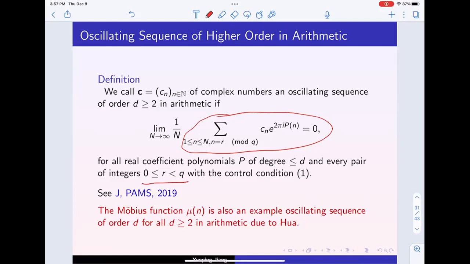In order 1, I know the first one can imply the second one, but in high order I didn't seriously think about whether one implies the other, and I'm not sure yet. For order 1 I can do that, but for order 2 I'm not sure yet. I didn't really spend time to prove it, but I just put it into two separate definitions. Again, the Möbius function is an example.